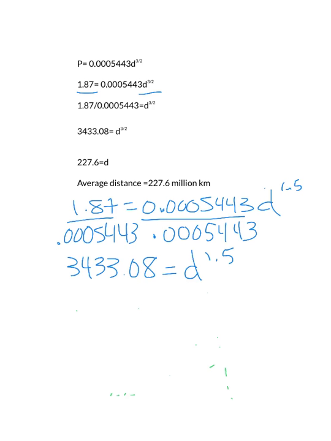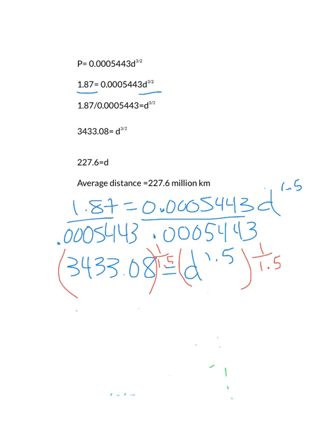And you still do the same concept: I'm going to raise both sides to the reciprocal exponent because I still need to get d to the power of 1. So here my reciprocal exponent is going to be 1 over 1.5. And I do the same thing to this side.